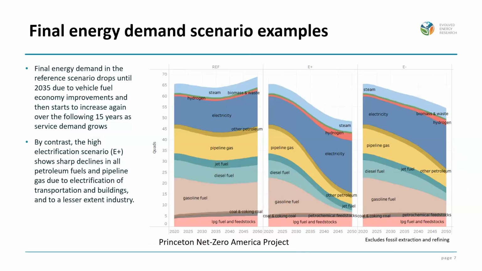And thus, pretty much all net zero scenarios that we model that are relatively low cost have some degree of electrification. Now, sometimes we run scenarios, and this is from the Princeton Net Zero America work, where the scenarios may be delayed electrification.